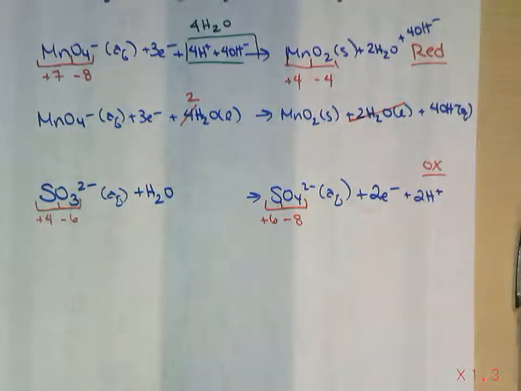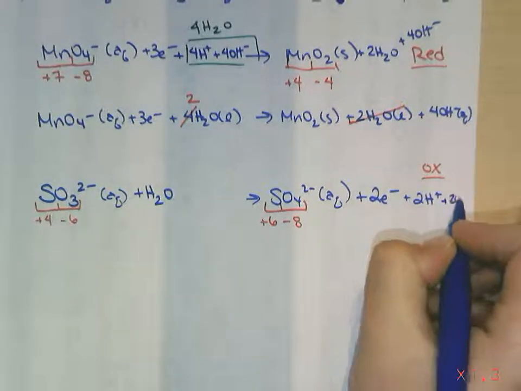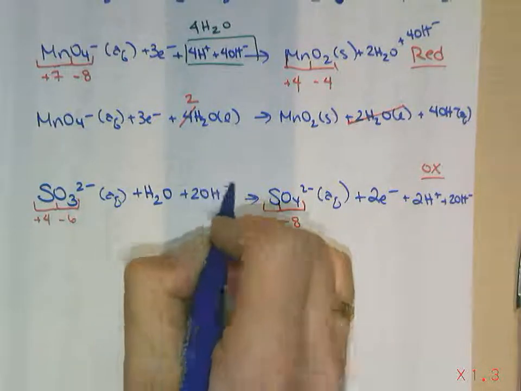So then how many hydroxides should I add on this side? 2 also. Then how many hydroxides should I add to this side? All right, so we just made some water.